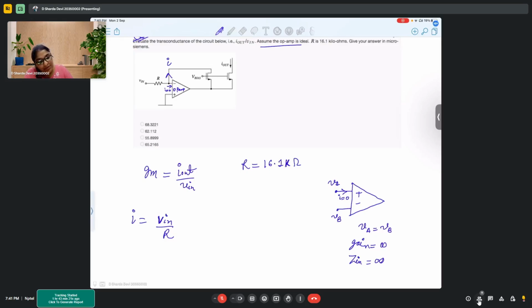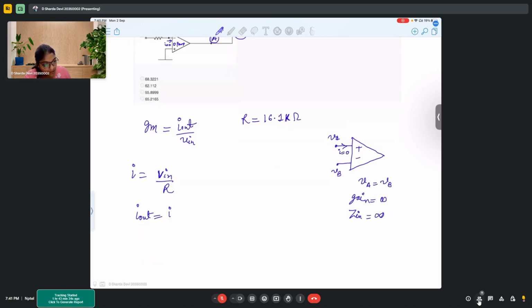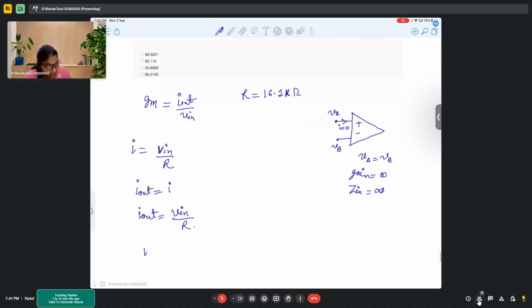So whatever current is flowing through transistor A, the same current will flow through transistor B. So Iout should be equal to I. So Iout would be Vin by R. So Iout by Vin is 1 by R. So this is what was asked.